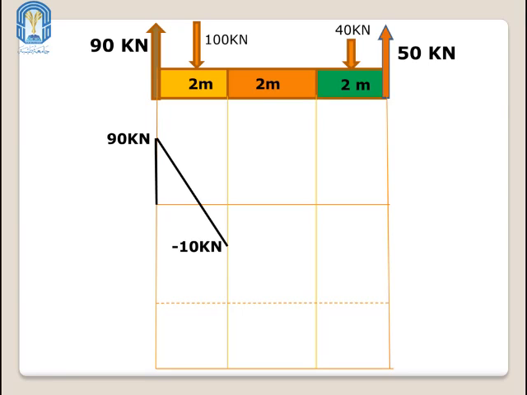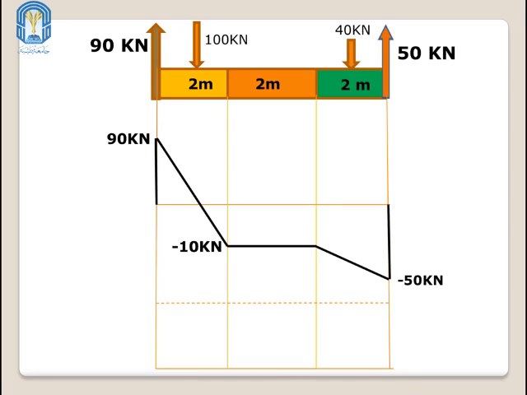After that, we don't have any force, so we will go straight. After that, we have another 40 kilonewton force, and that means we will go down to -50, and we have a reaction of 50 kilonewton, and it goes up. For that, we will go to our 0.